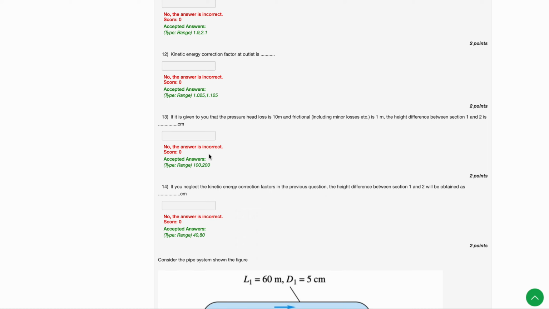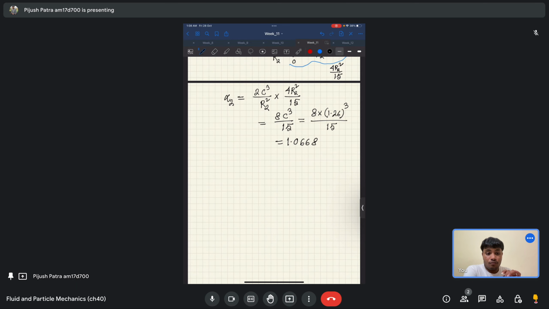In the first case you can include the alpha 1 with the v1 average square by 2g term and alpha 2 with the v2 average.